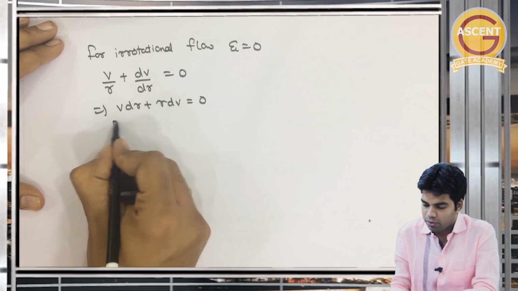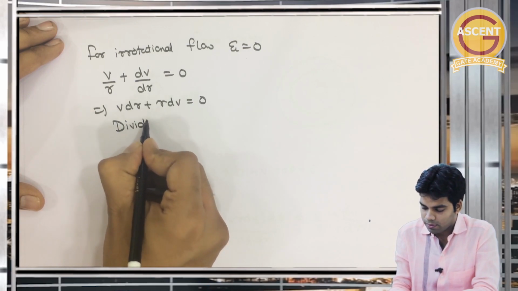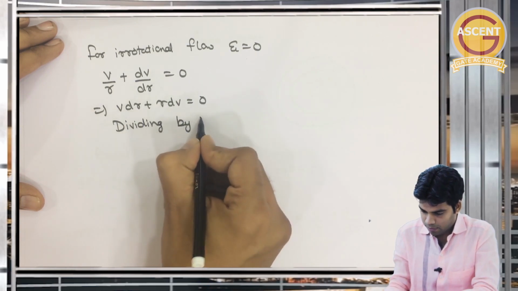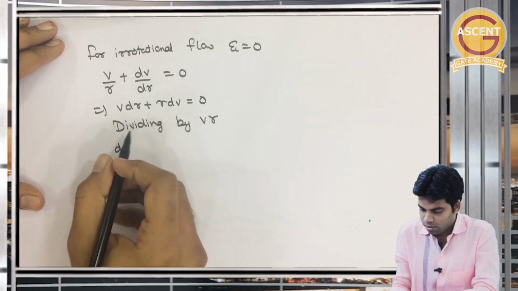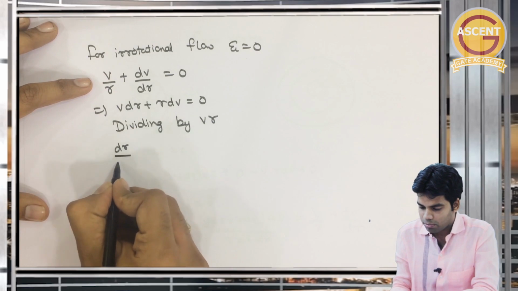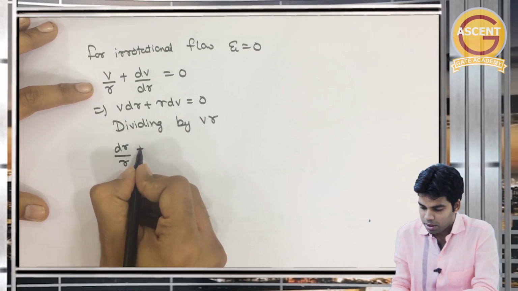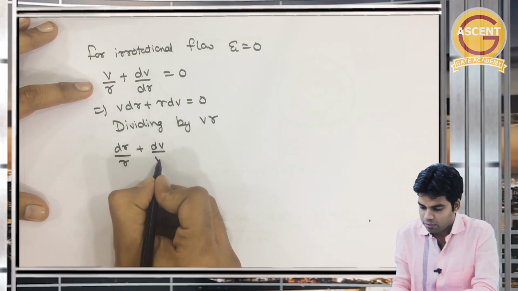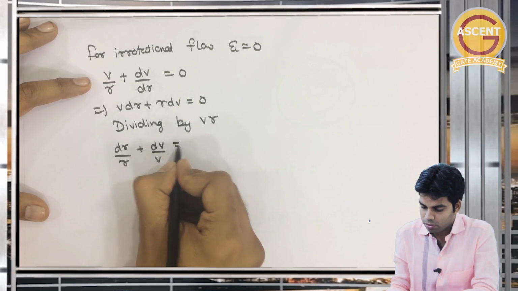Now dividing by V r, V will get cancelled out, we will get dr by r plus dV by V, and this should be equal to 0.